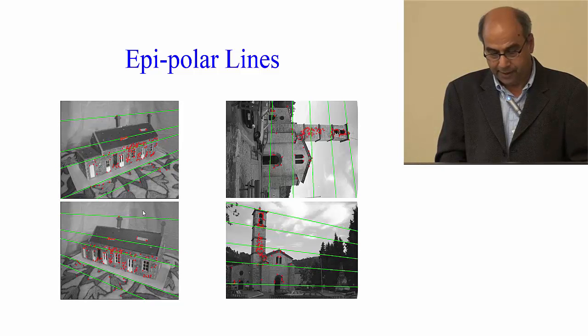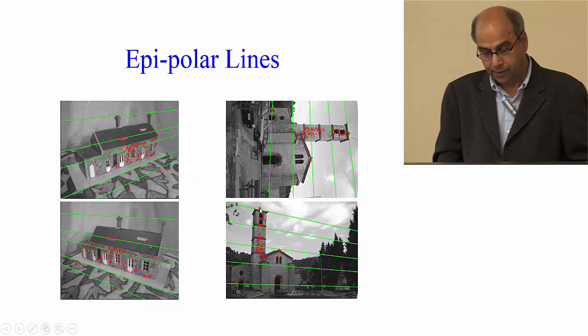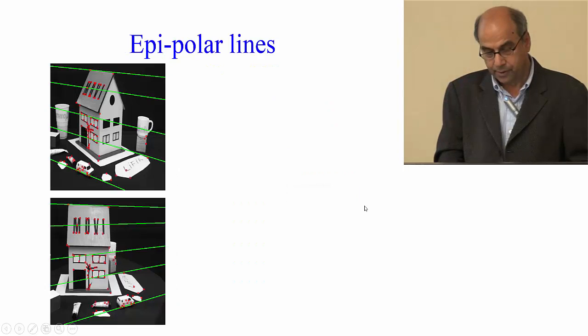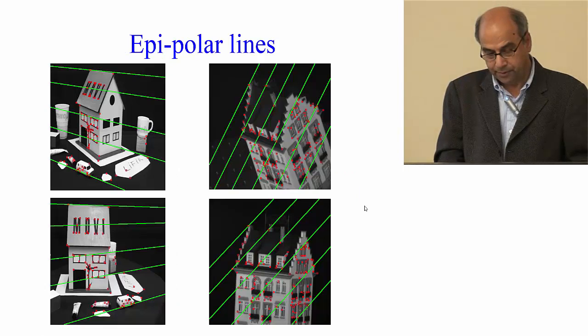This is another image, drastically changed. Still we can compute the epipolar lines. This is the point and this is the corresponding epipolar line. These are your SIFT points, and then you find the matches using the SIFT descriptor and so on. About this point, you will say where does it match in this image.